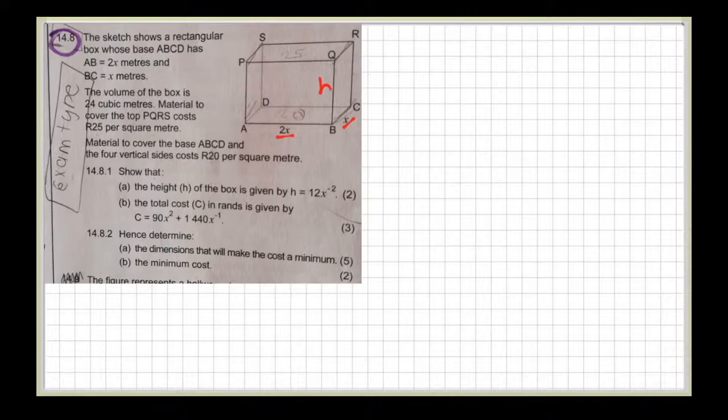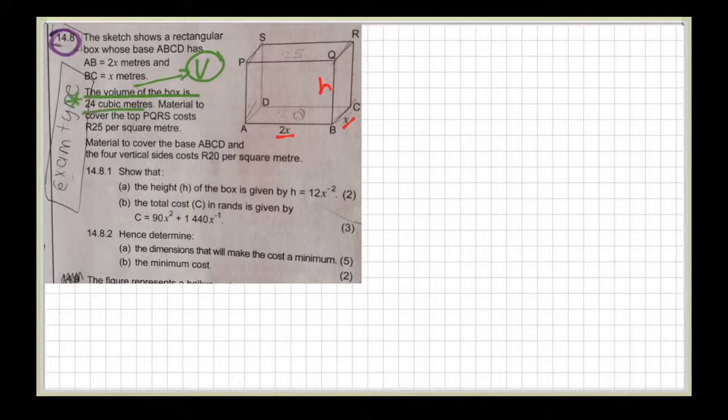Now I'm going to start to dissect this scenario by looking at the information. The volume of the box, boom, there's my big clue. Volume is 24 cubic meters. I'm going to put a pin in that one.